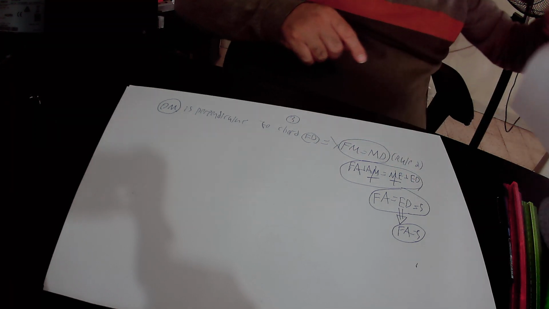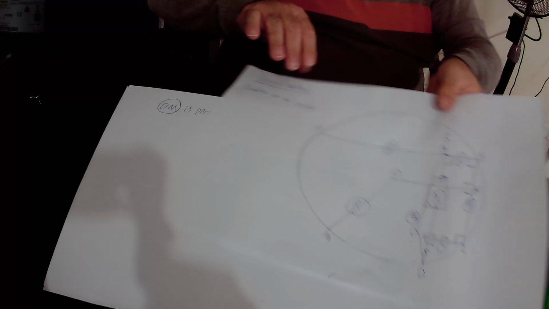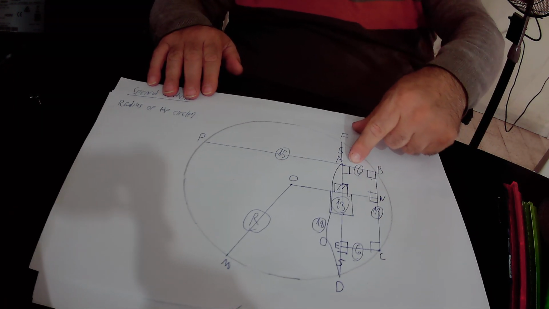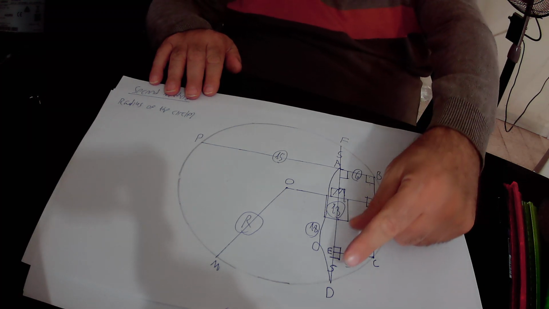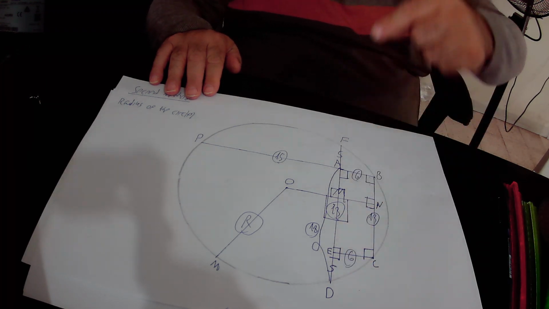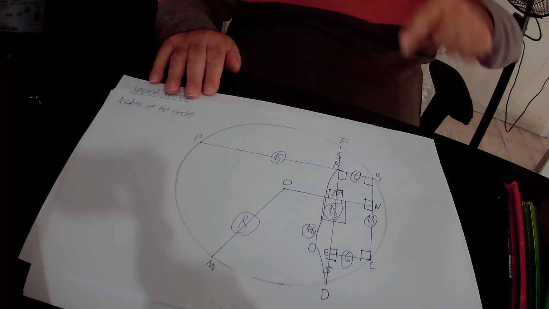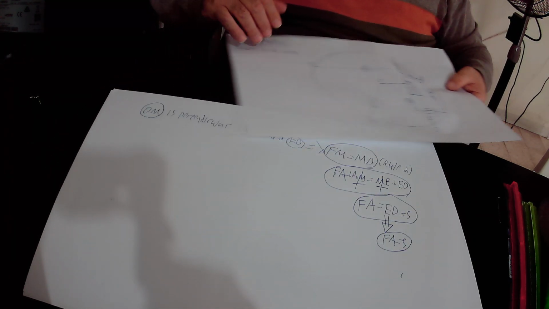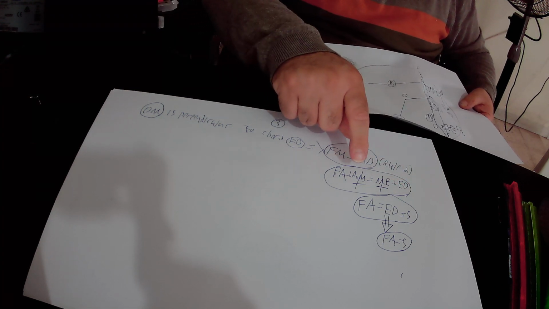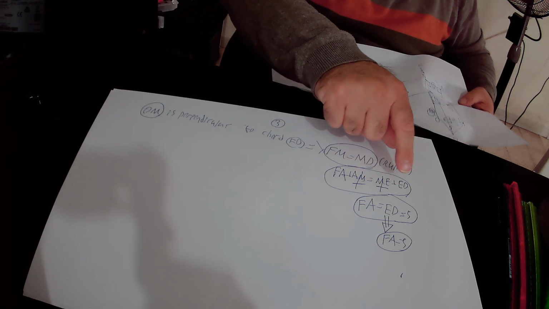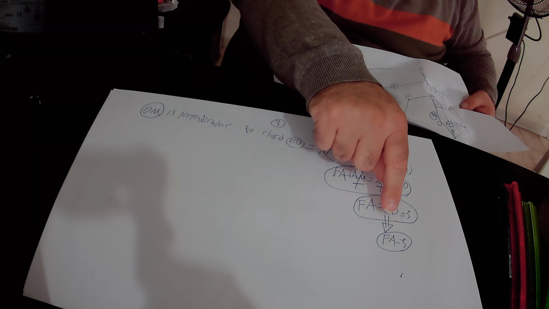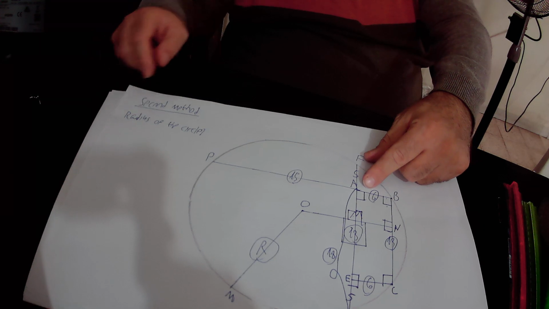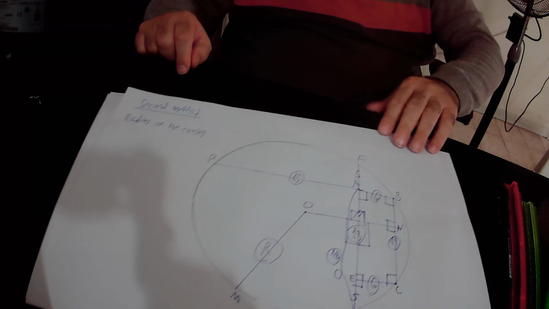So we found out that this chord FA equals this chord ED. But we've already found out that ED equals 5 units. So we can write here that ED equals 5 units, and from this equation FA equals ED equals 5, we derive that FA also equals 5 units. Here, line segment FA equals 5 units.